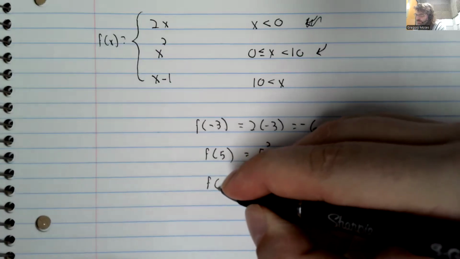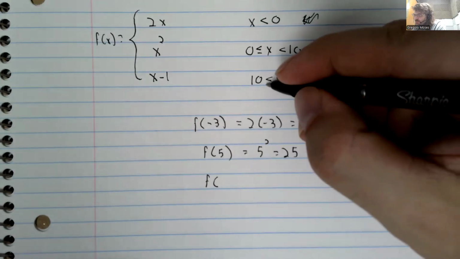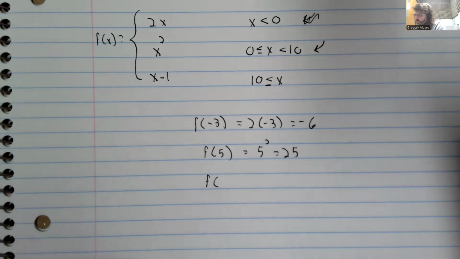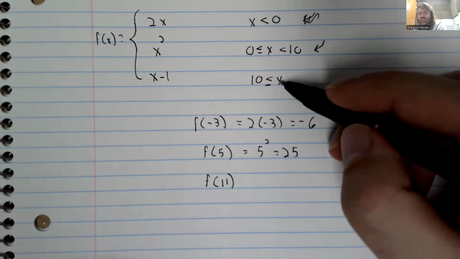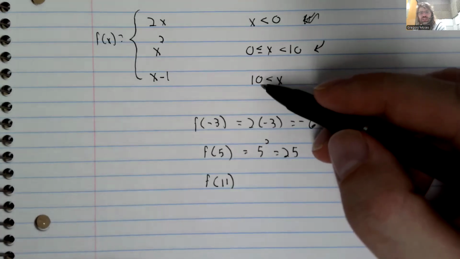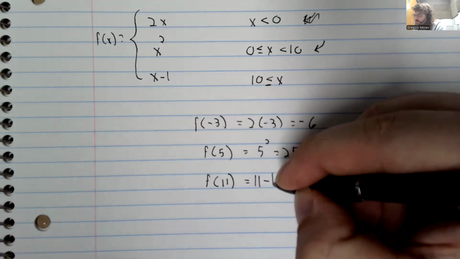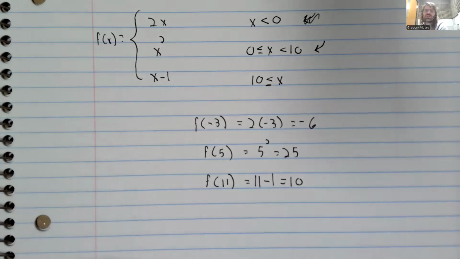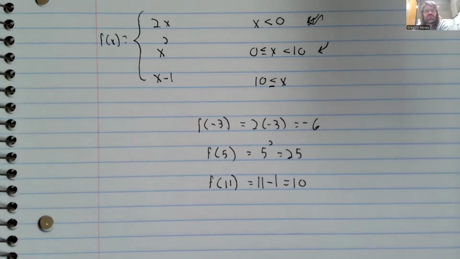And let's make this less than or equal to. f of 11. Well, 11 is greater than or equal to 10, so we're in this piece. And we'll see realistic examples of this in the exercises.